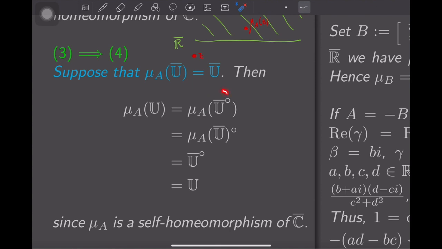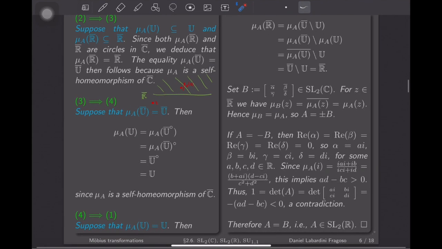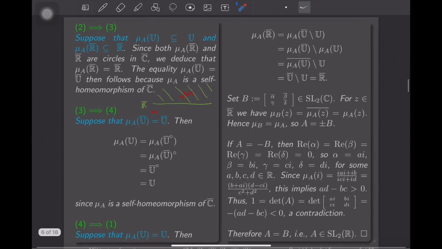But then a homeomorphism sends interior to interior, right? For a homeomorphism, it is the same to take interior before or after. And now using this assumption, this would be equal to U bar, and then I have this interior outside, but this interior is, as we said, U itself. So I have the equality between this and this. And this really was more like just abstract topology.